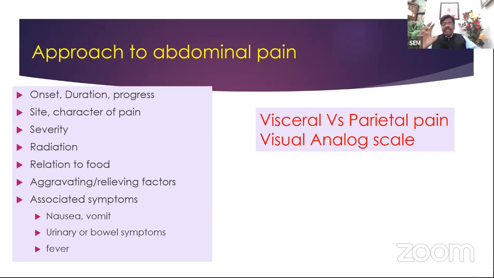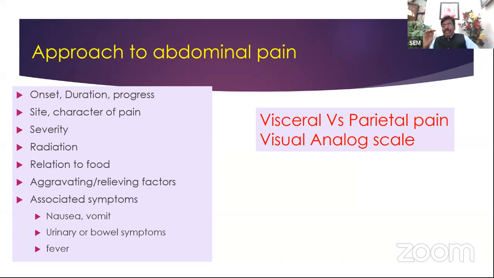The foregut is the GI tract which has a feeding vessel of the celiac plexus. So whatever organs developed from the foregut, starting from the esophagus, stomach, duodenum part 1 and part 2, right up to the ampulla of Vater, that is the foregut.